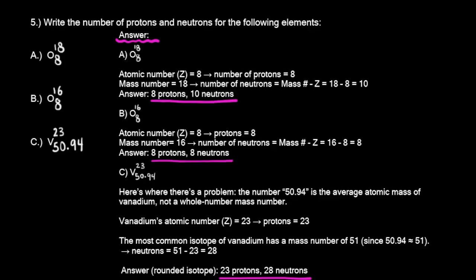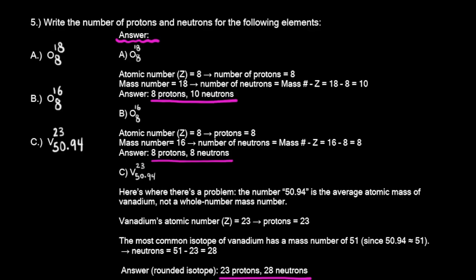The formula for mass number is the sum of protons and neutrons. So oxygen 18 has 8 for its atomic number, which is the number of protons. To figure out the number of neutrons, we simply subtract 8 from 18 to get a value of 10, which corresponds to the number of neutrons.